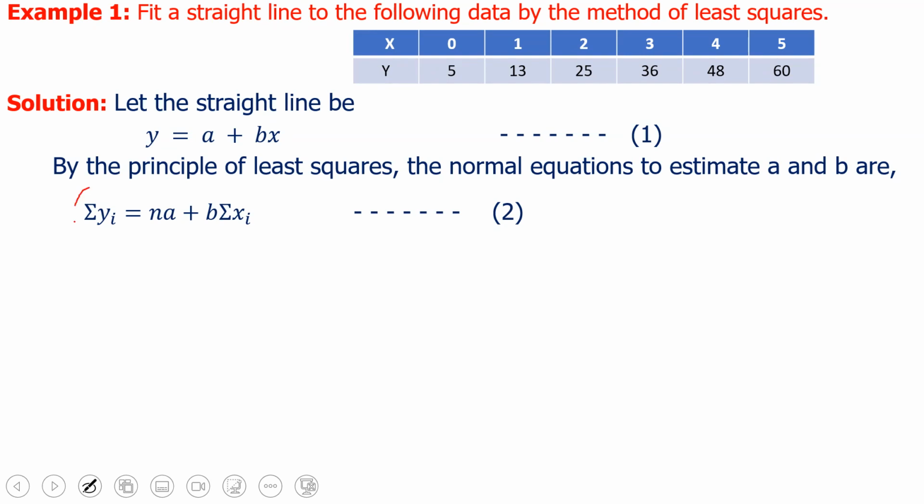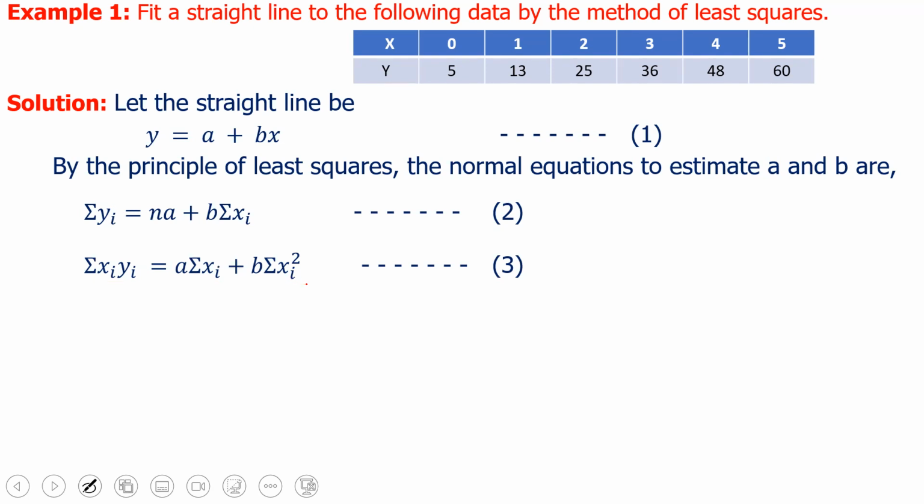Sum of yi is equal to na plus b sum of xi, and the second equation is sum of xi yi is equal to a times summation of xi plus b times summation of xi whole square. So these are two normal equations.